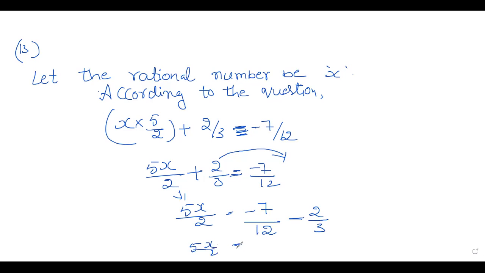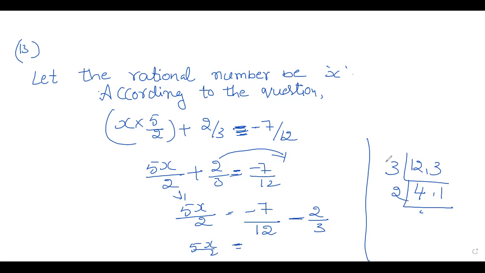5x by 2 is equal to... you know how to simplify rational numbers, right? Both the denominators are different, so take the LCM of the denominators. Both are divisible by 3, so I will divide them by 3. 3 fours are 12, 3 ones are 3.